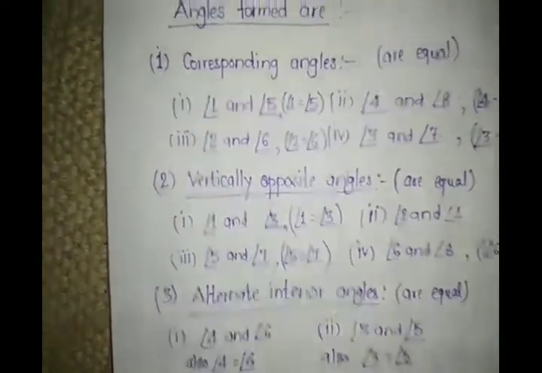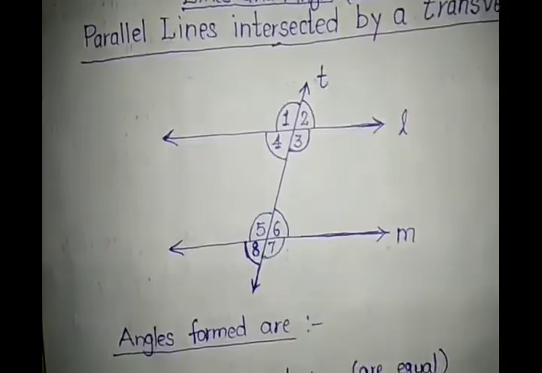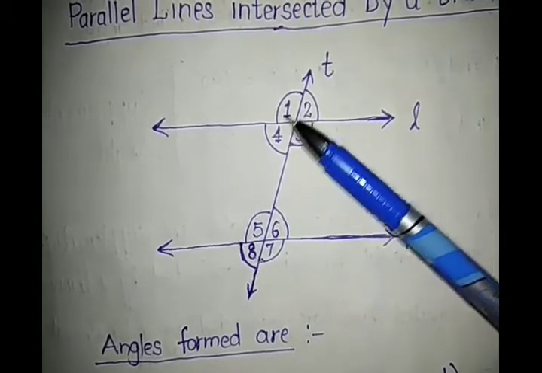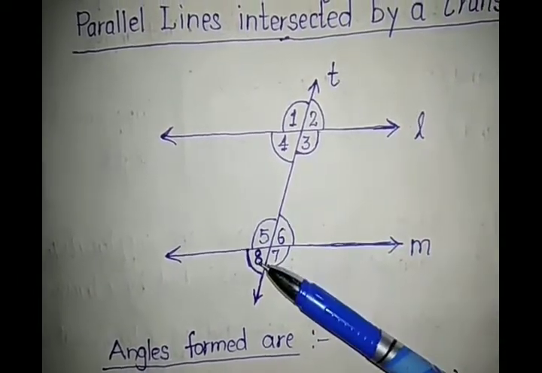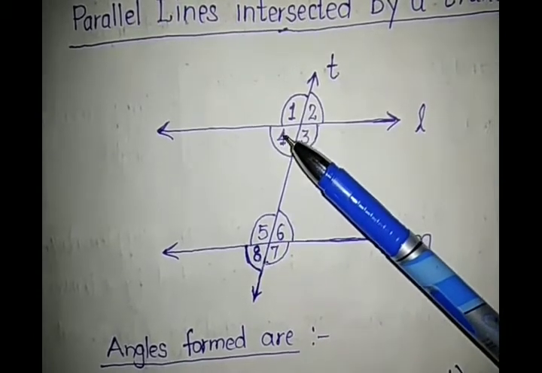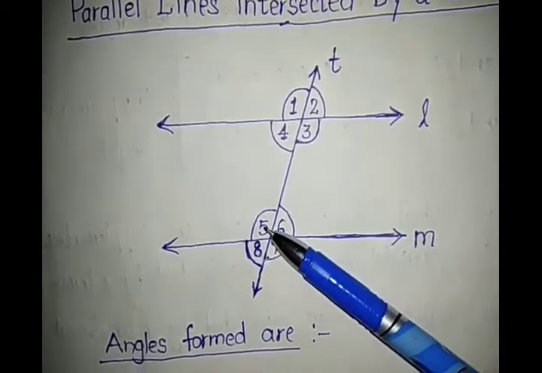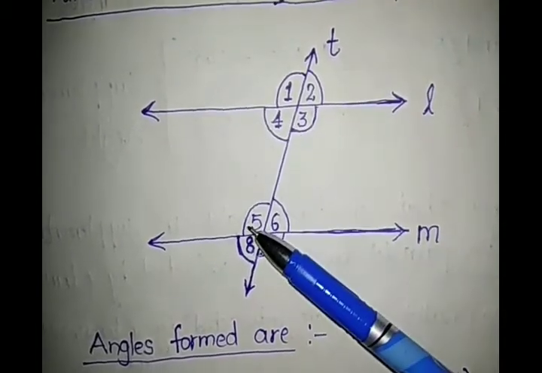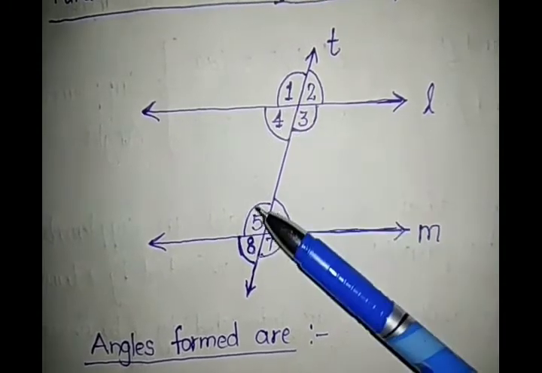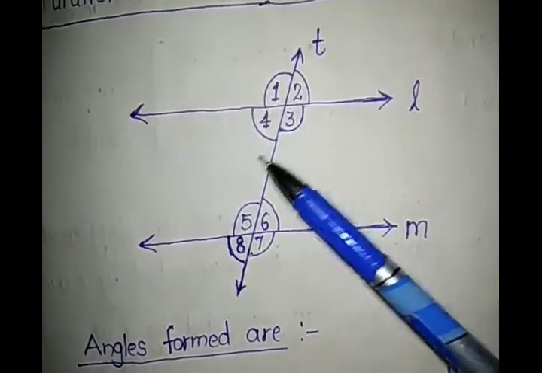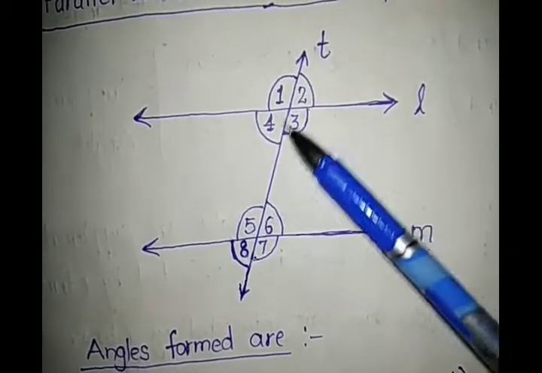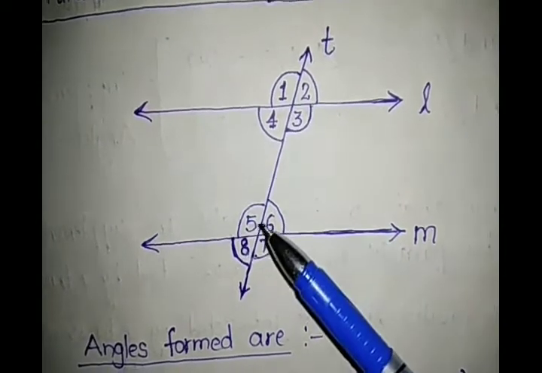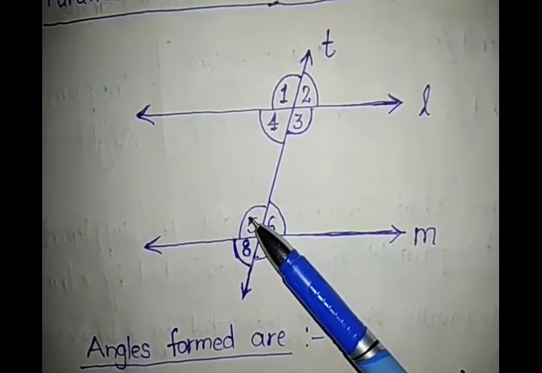Now there is also a specification in this figure when two parallel lines are intersected by a transversal. Now what is the relation between angle 4 and angle 5 and angle 3 and angle 6? Angle 4 and angle 5 are interior angles on the same side of the transversal. This is the transversal and on this side there is angle 4 and also on the same side this is angle 5.